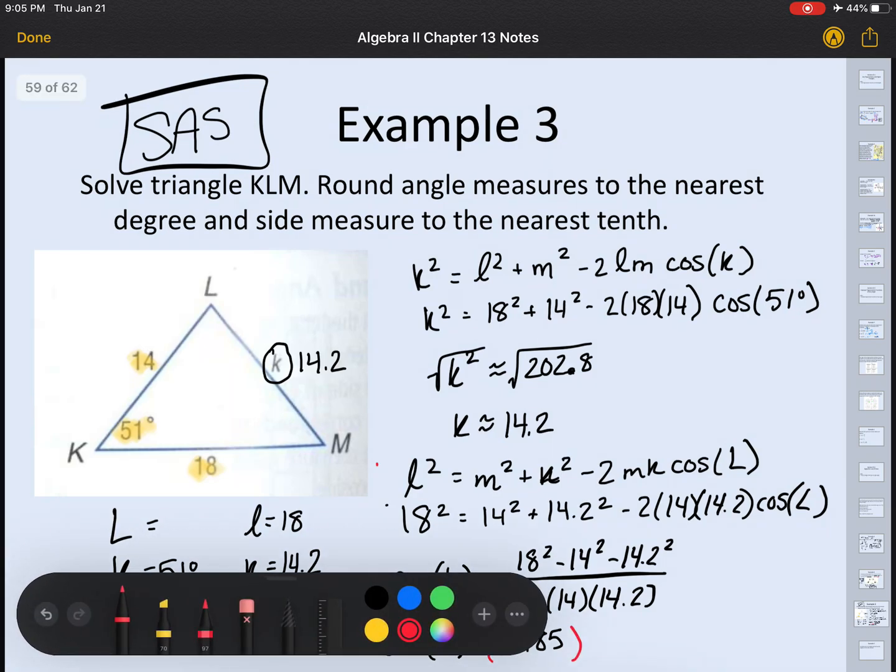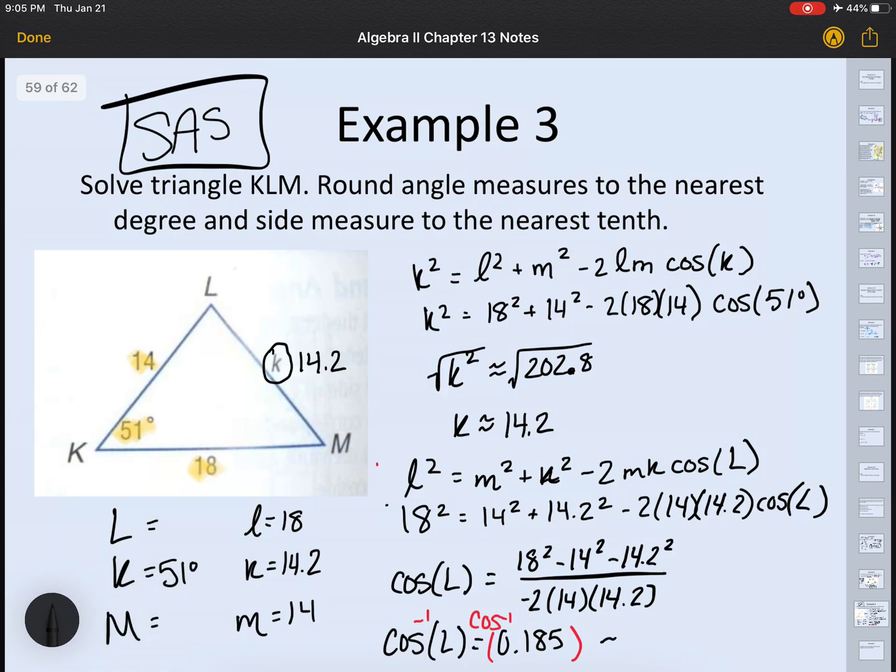And we got that angle L is about 79.3 degrees. Alright, so angle L is 79.3 degrees.